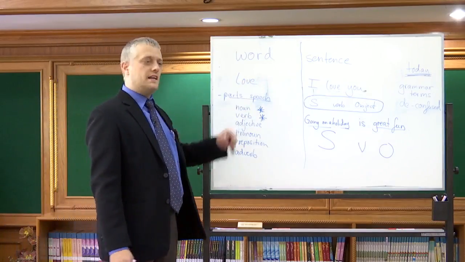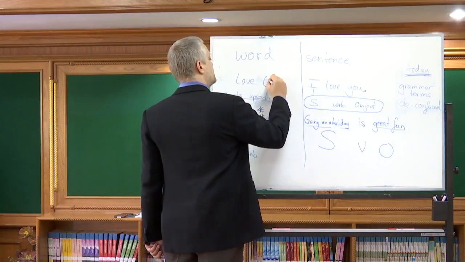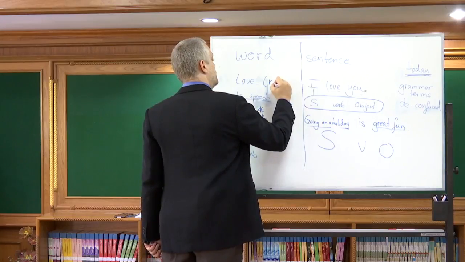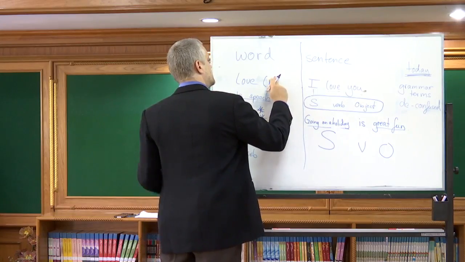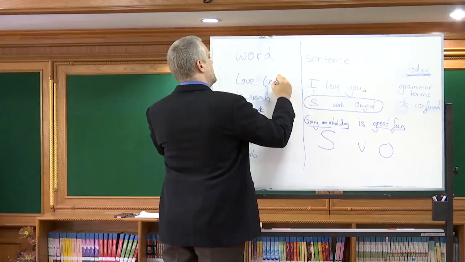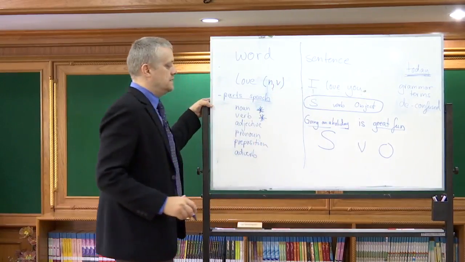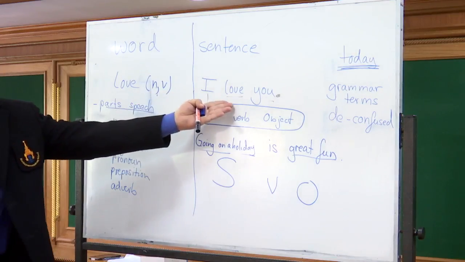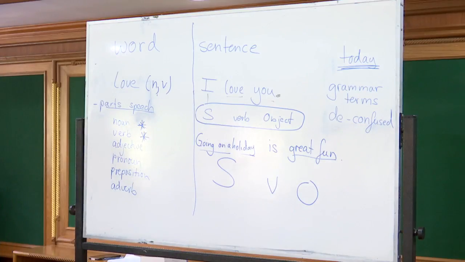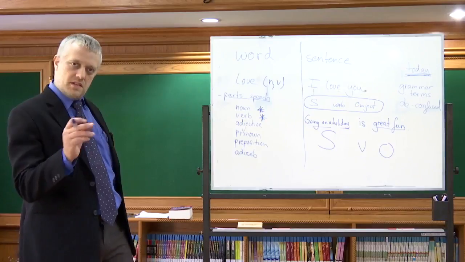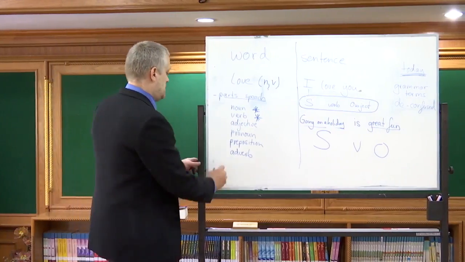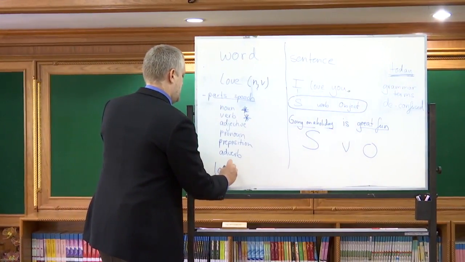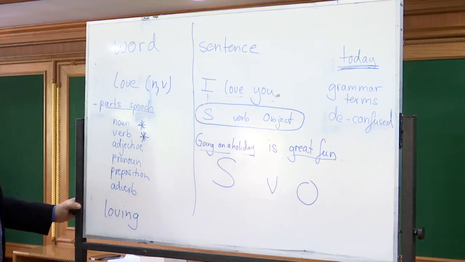So love, like it is here, can be just a noun or a verb. We don't know what it is, yeah? We have to see it in a sentence. Right here, we see that love is a verb. Love can, when it changes a bit, become another part of speech.